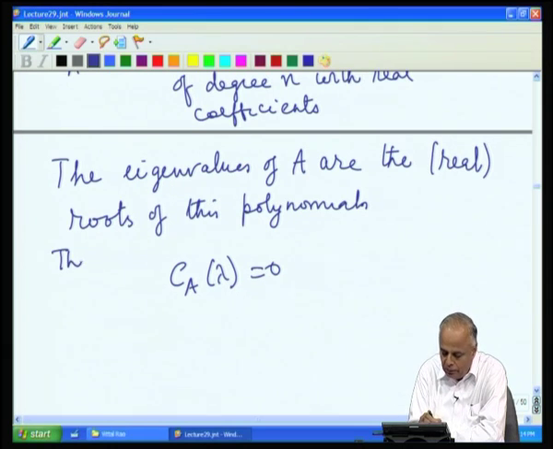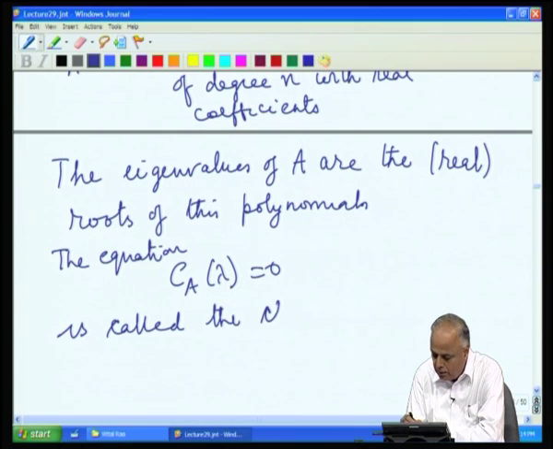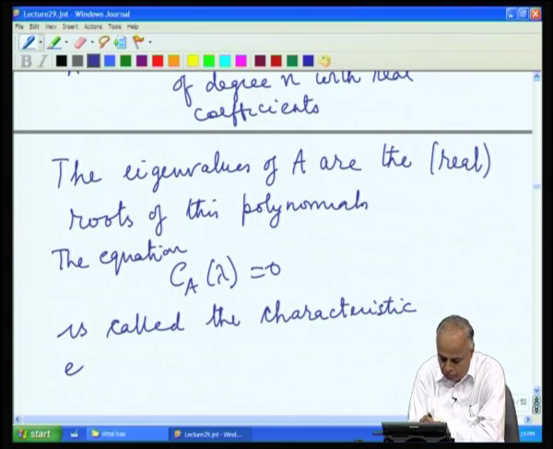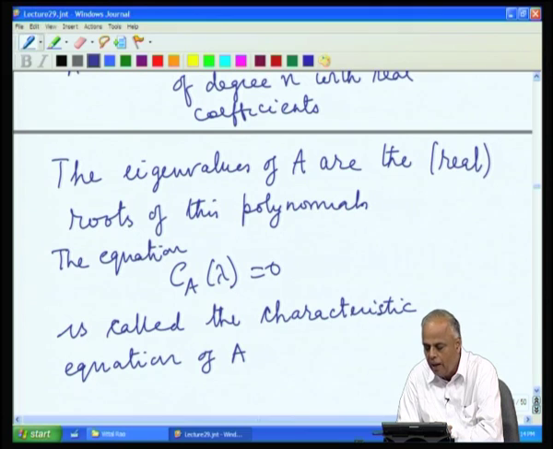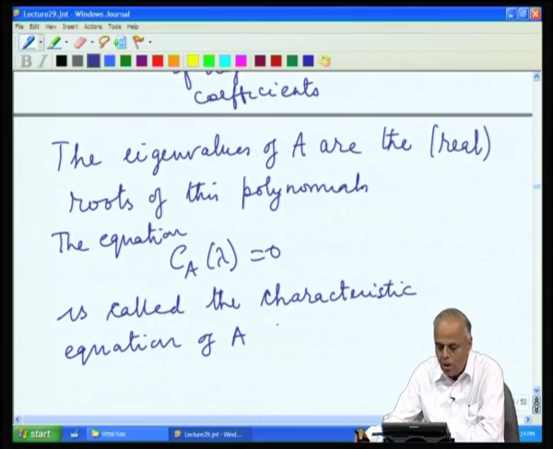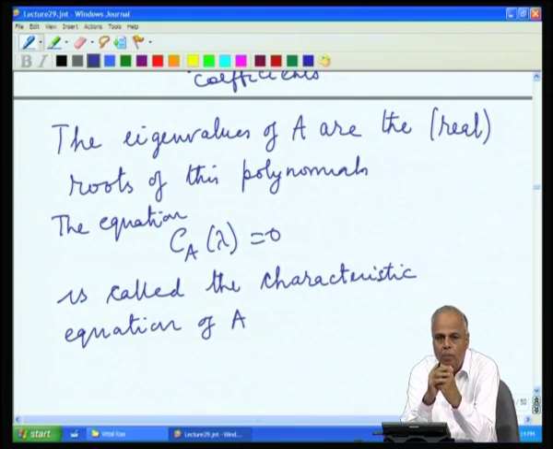This equation is called the characteristic equation of A. The equation C A lambda equals zero is called the characteristic equation of A, and we are interested in the roots or the solutions of the characteristic equation, because these are the eigenvalues of the matrix A. So, our search for the eigenvalues has now come down to finding the roots of a polynomial. You do not have to go around searching all over the real numbers.